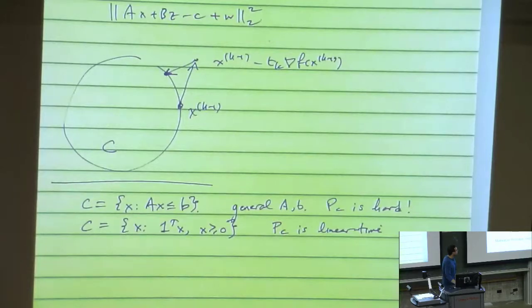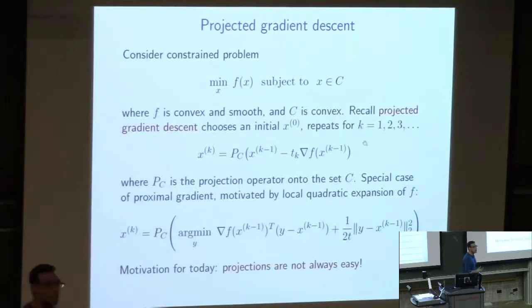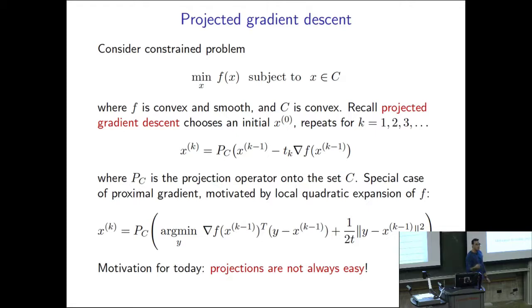So for that, we're going to remember how we got this update. Okay, this update was gotten by thinking of this gradient step, x minus t times grad f of x, as the minimizer of a quadratic expansion of our function around the current iterate. So let's suppose the variable in our quadratic expansion is called y.